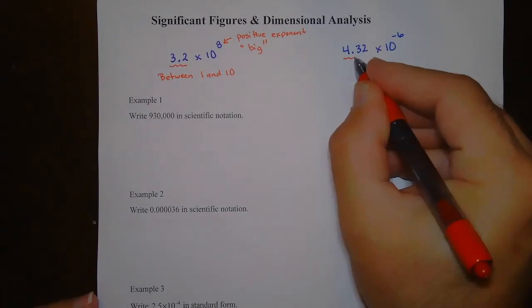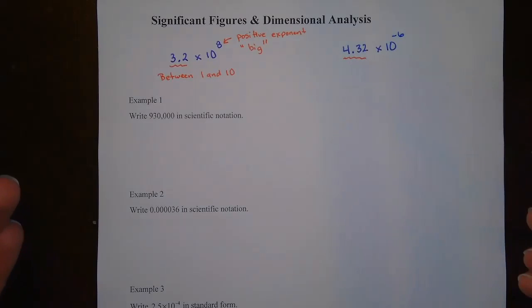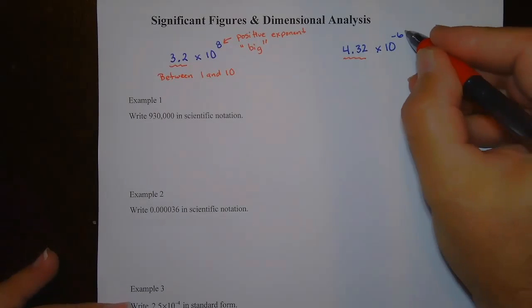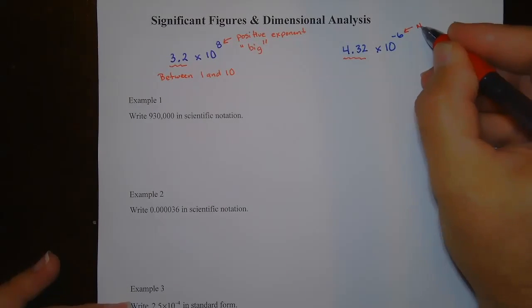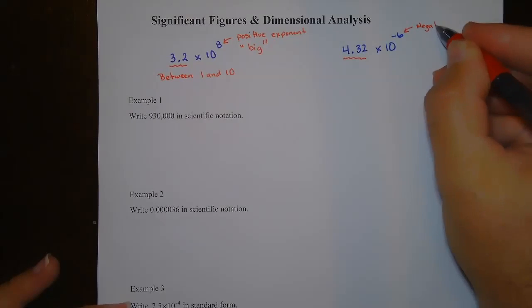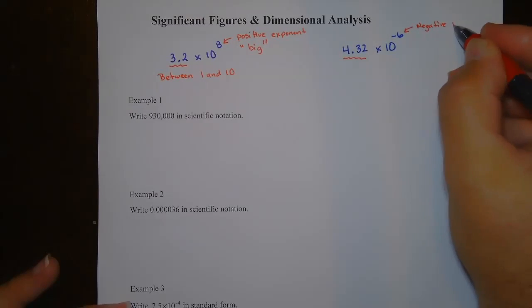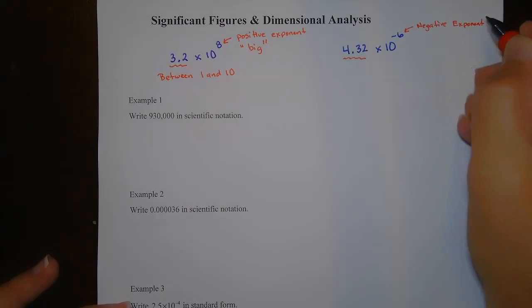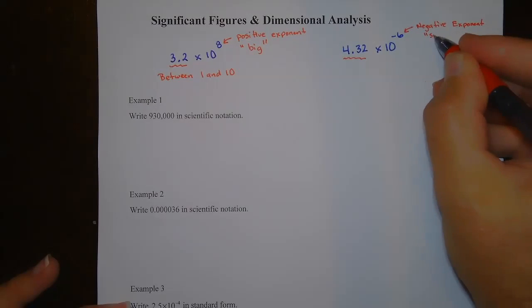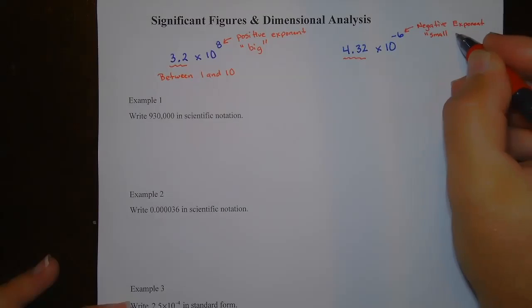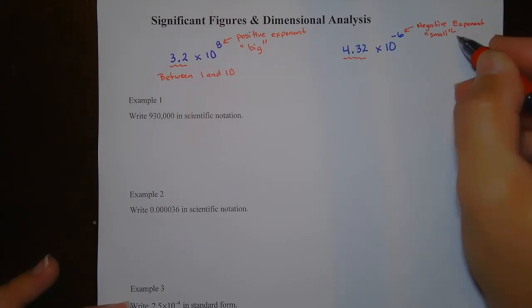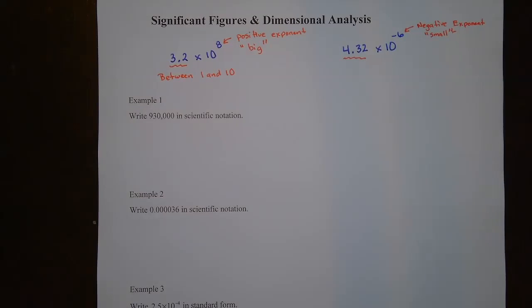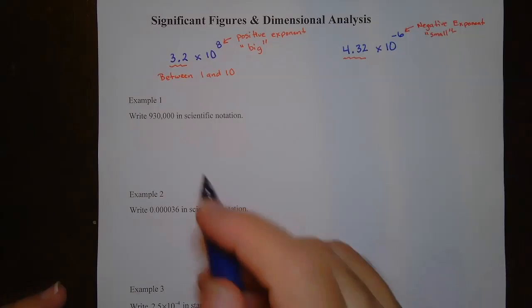So once again, 4.32 is a number between 1 and 10. This negative exponent, in this case, is going to give us a small number, okay?